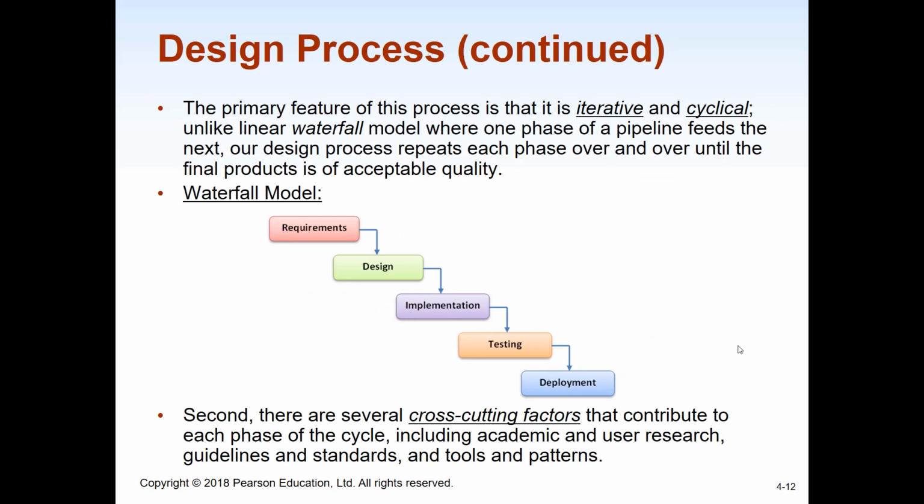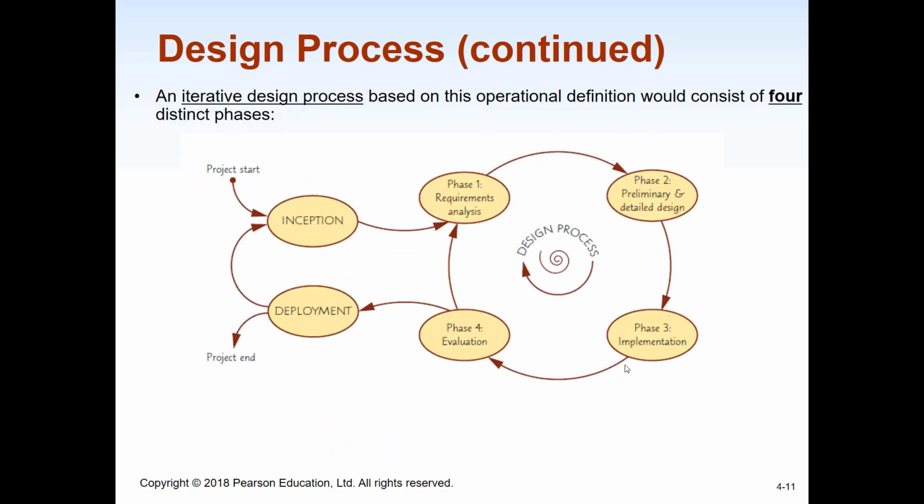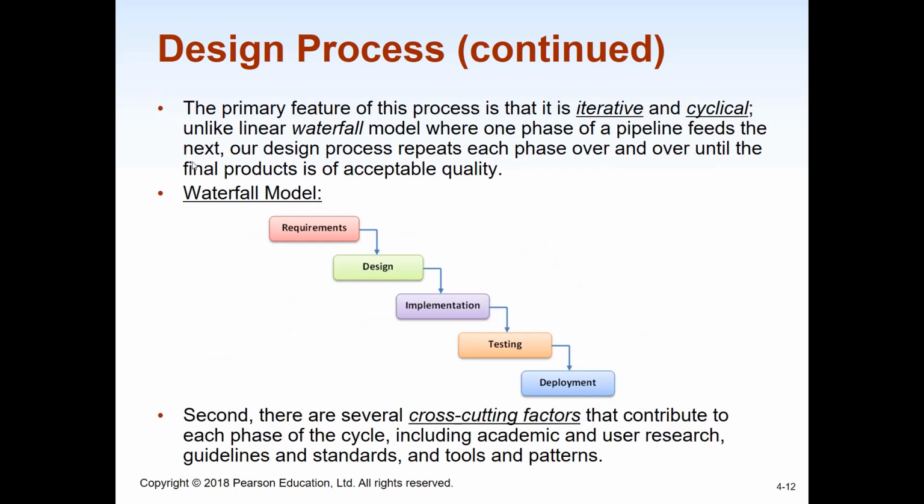So the primary feature of this process is that it is iterative and cyclical. It is not 1, 2, 3, 4 like a linear one, but it is iterative. So it is not like the waterfall model, where one phase leads to another one and to the end, with no way to go back.